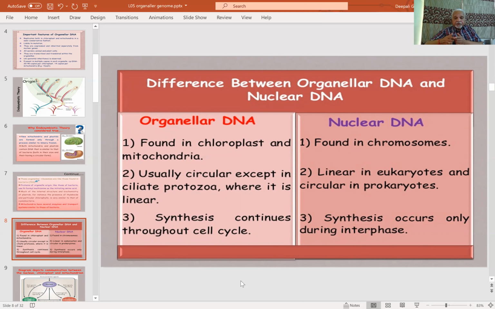And a very important difference between the two is the synthesis. The synthesis of organellar DNA continues throughout the cell cycle, whereas in the nucleus, DNA synthesis during cell division is restricted to the synthetic phase, the S phase. Okay. So this is the difference between the two forms of DNA in organelles and in the nucleus.